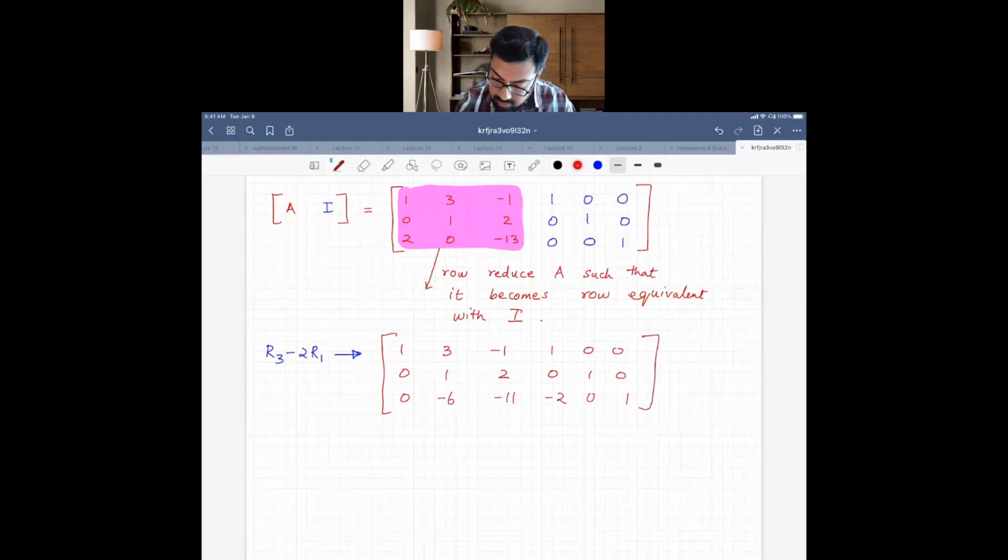Then I have row 3 plus 6 times row 2, which is going to give me row 1 doesn't change, row 2 doesn't change, row 3 will change.